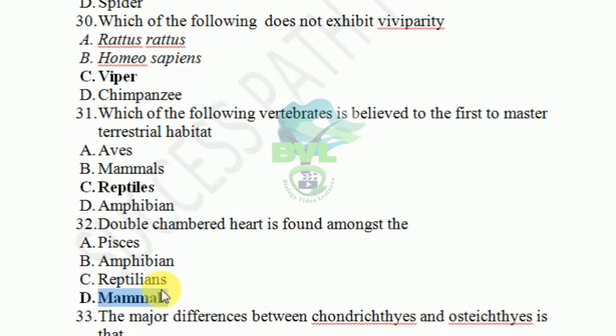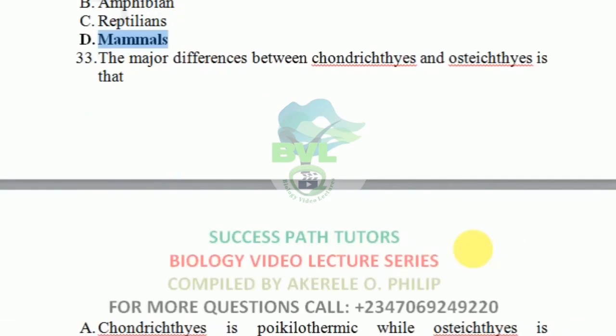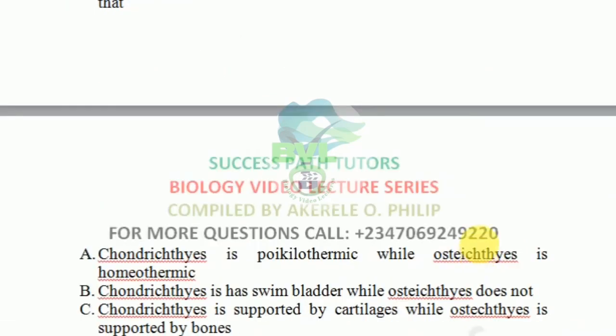Alright, moving on. The major difference between chondrichthyes and osteichthyes. Chondrichthyes are cartilaginous fishes, while osteichthyes are bony fishes. So what is the difference between them?